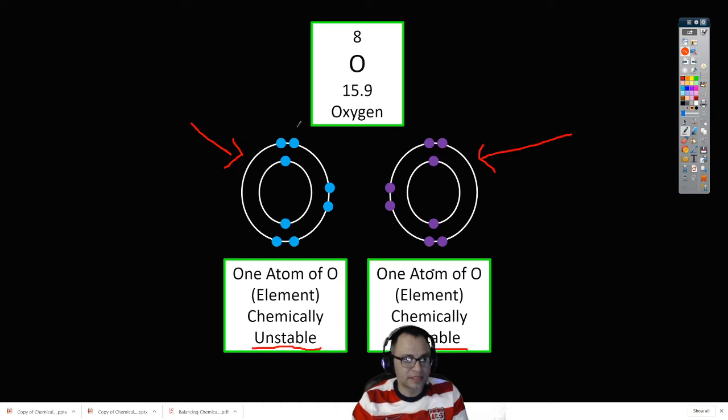If you count the valence electrons in the outer level, 4, 5, 6, you'll notice that that's not 8. And they need 8 to be happy or to be stable. So same thing over here, 1, 2, 3, 4, 5, 6, that's not 8. And so it's not stable on its own.